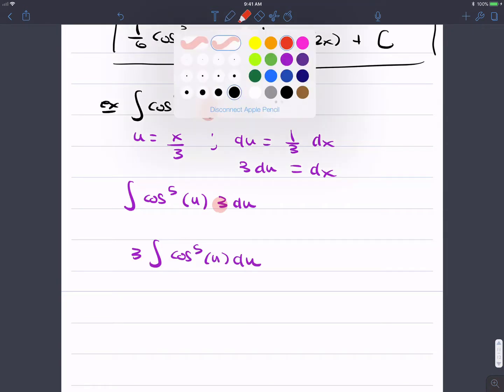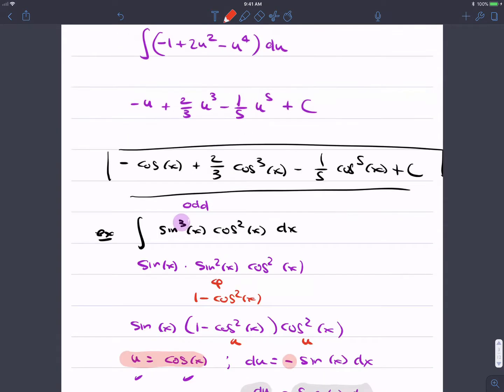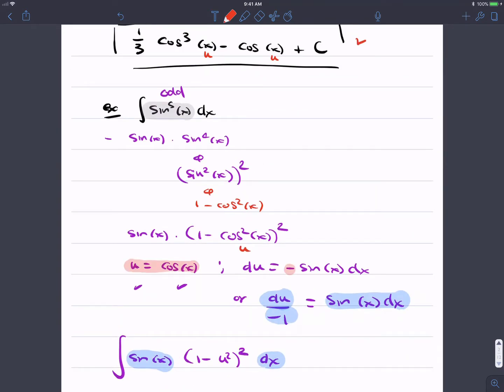I now have to integrate my cosine of the 5th power with respect to u. Now, again, we have a formula. We did this already. We just have to find what it is. So I think it was way back here, cosine to the 5th power.